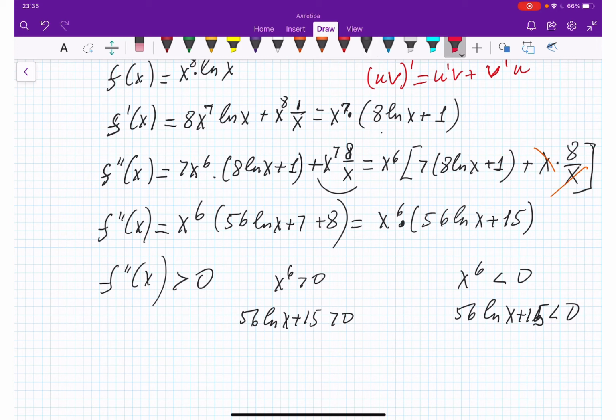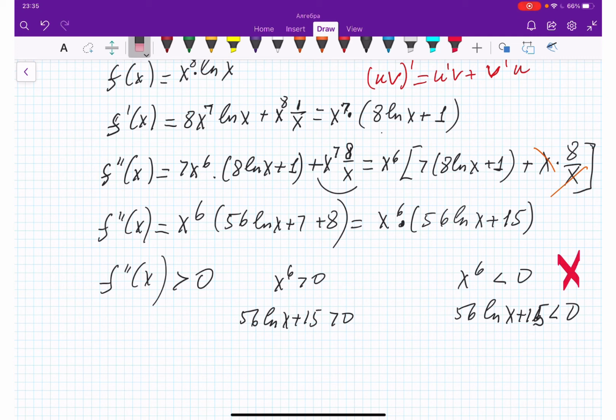Now this one cannot happen because x to power 6 has even degree. It can never be negative. Only because of that, I don't even have to look into the second inequality. The first one doesn't satisfy, so I drop it.